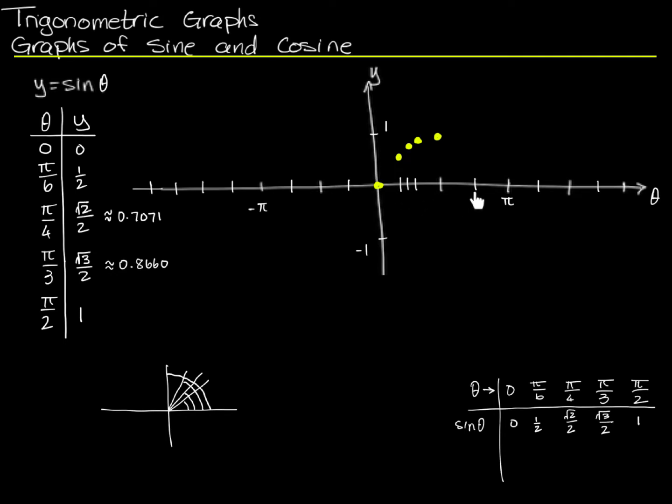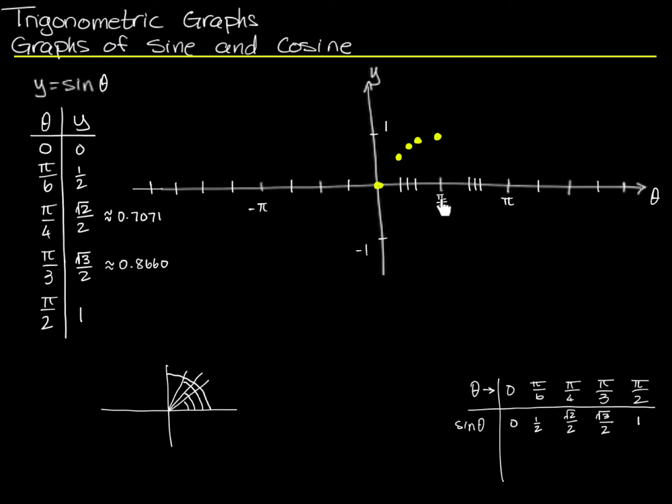The next one I could do is this one here, or I could go to pi. I'm also going to need to add some tick marks either side of this one right here. This one's pi, this is halfway between 0 and pi, so this is pi over 2. I know I could label them, but it gets very, very messy very fast.